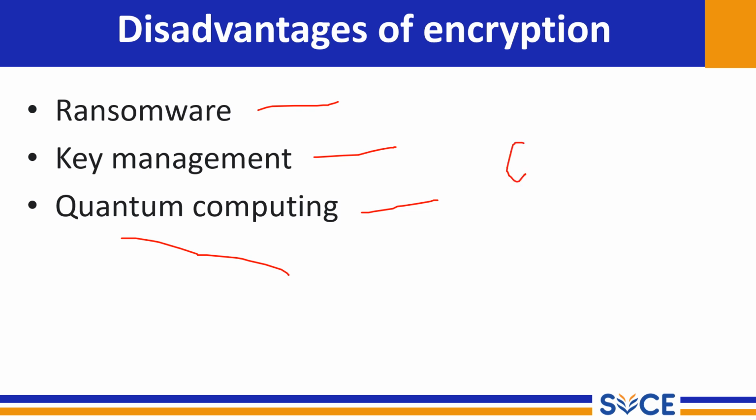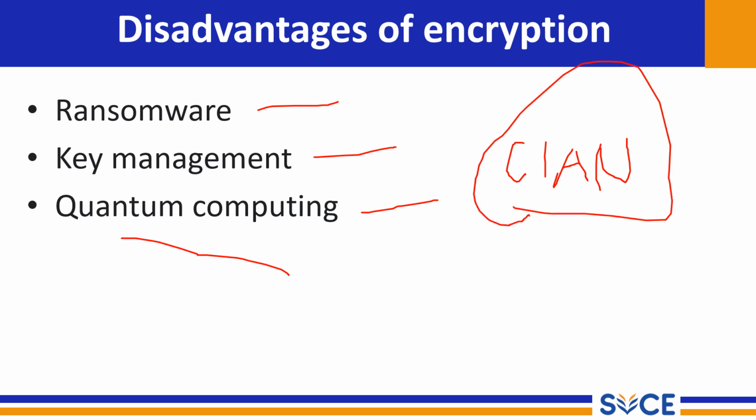Okay. So what are the main important functions? First one confidentiality, second one integrity, third one non-repudiation. We used to call it CIAN. This is a short form you can just remember, which is used all over the encryption methods or algorithms. CIAN: confidentiality, integrity, authentication, and non-repudiation. Okay. So confidentiality, we know, is to keep the contents of the data secret.